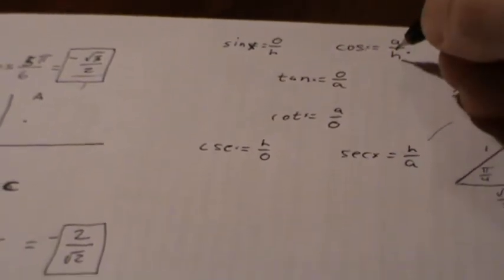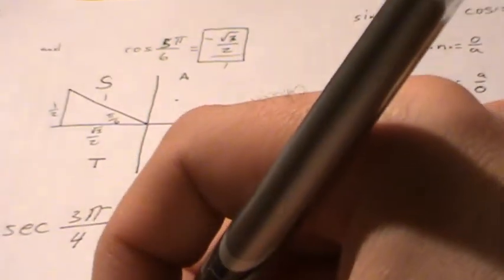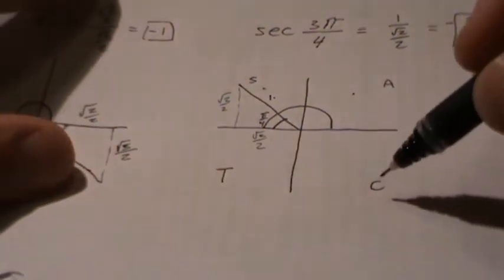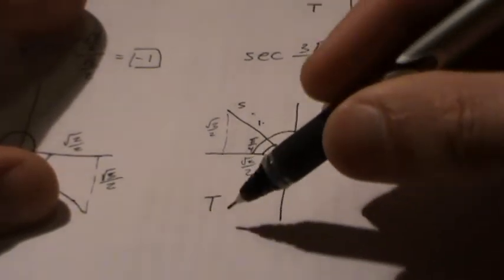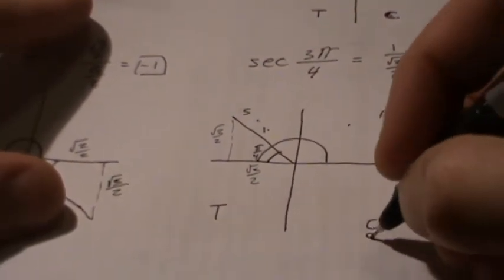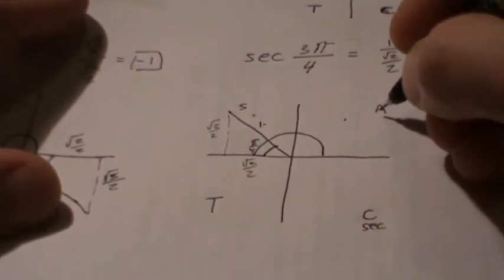So these two are associated with each other. For example, when I'm talking about the CAST, this stands for cosine and secant as well. This is just all of them for sure.